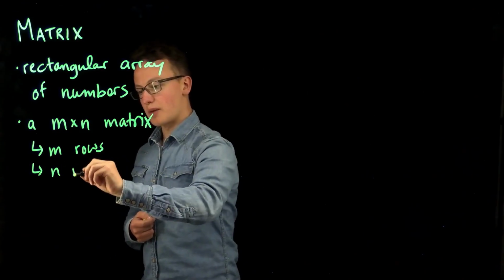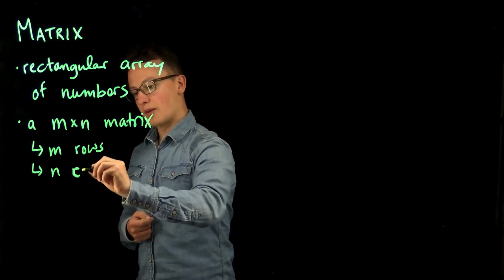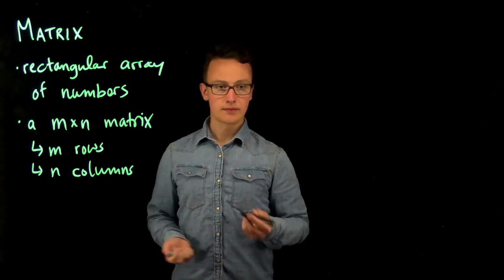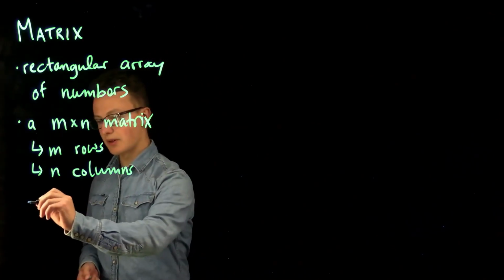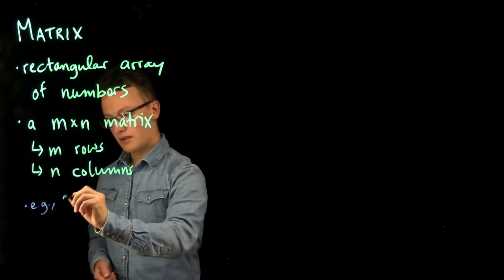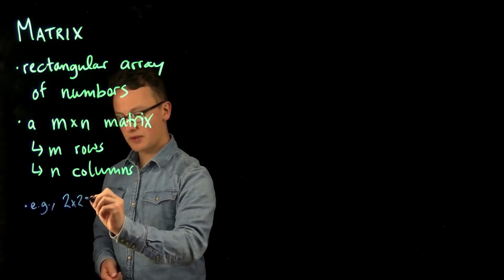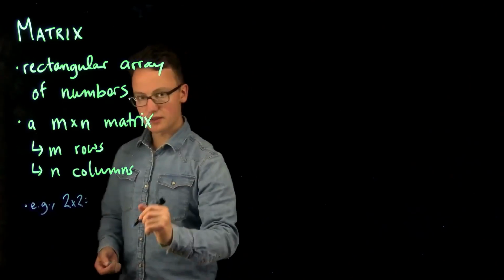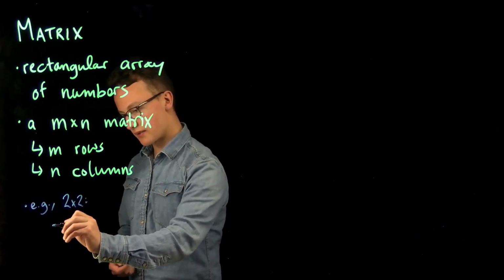That refers to the number of rows and to the number of columns. All right? So as an example, we could look at a 2 by 2 matrix. And a 2 by 2 matrix, as defined here, means it has 2 rows and 2 columns, right? So we can write it as follows.